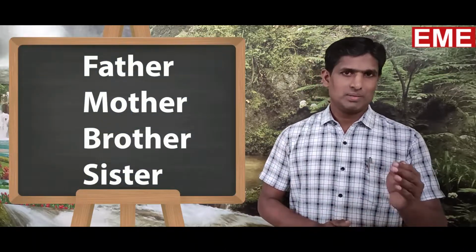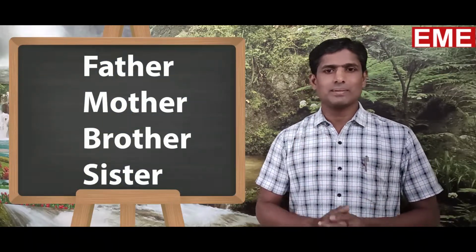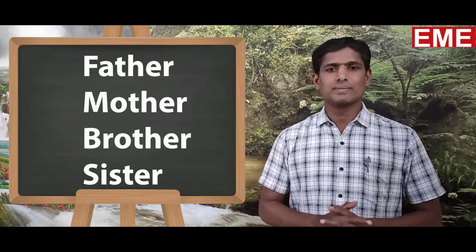In the first 4 stages, we will try to collect as many words as possible associated with the context of the day. In the first stage, I will ask you to write about the members of your family like father, mother, brother and sister. Have you written?